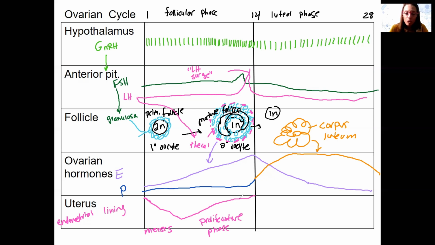So it's going to build up in the layers of the endometrium, and it's going to kind of stay there because your body doesn't really know yet if you're pregnant or not. It's going to stay like this until, once this progesterone drops, that signals to your body you're not pregnant.